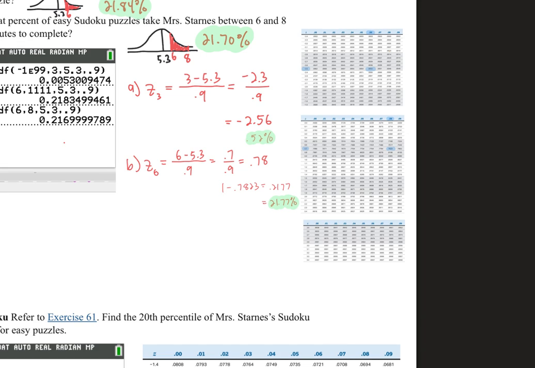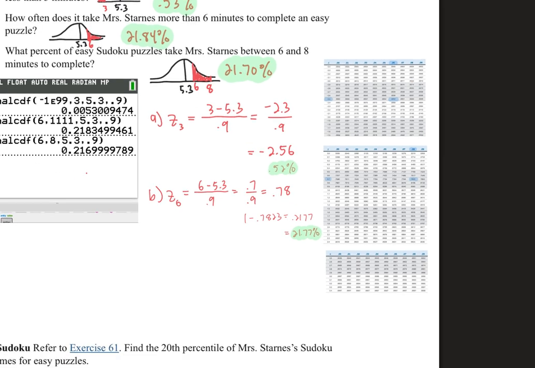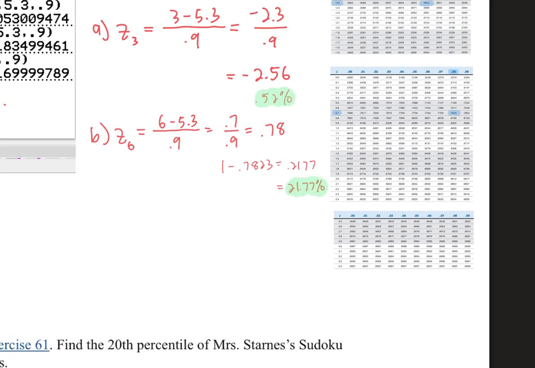Okay, so last one. We've already found the z-score for 6. Next one we want to find between 6 and 8. So now we just have to find the z-score for 8. And then we could even use the empirical rule for this.